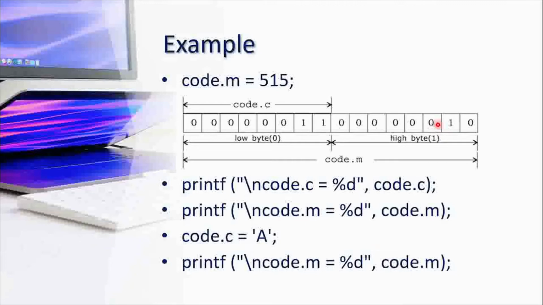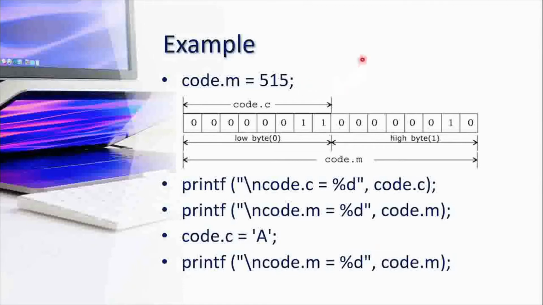Byte 0 is considered the low byte, and byte 1 is considered the high byte. When 515 is converted into binary, it will be 1000000011.